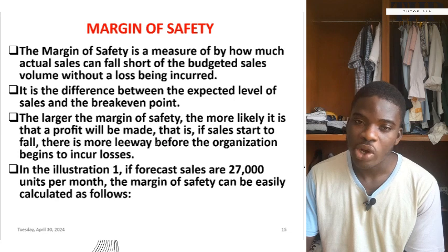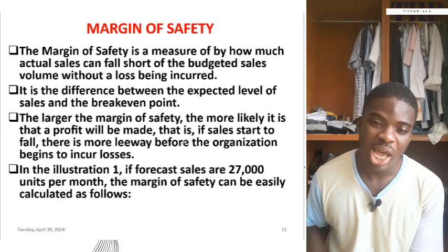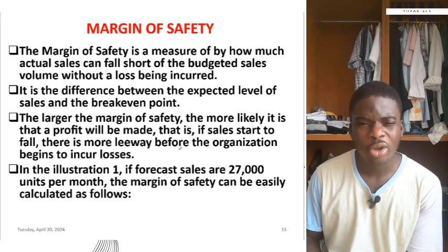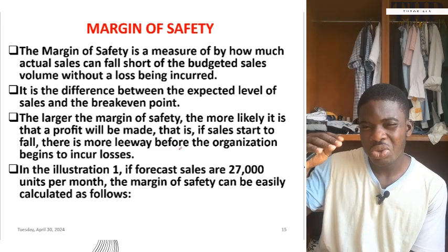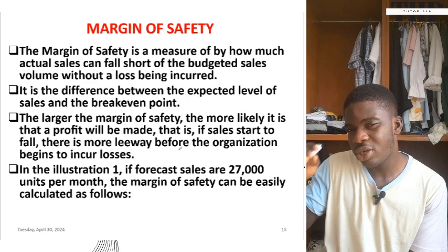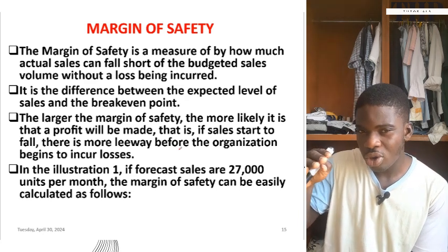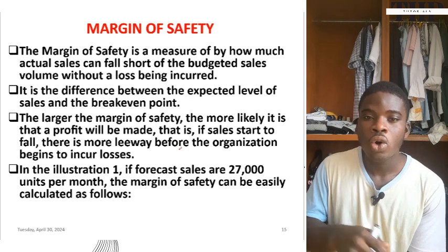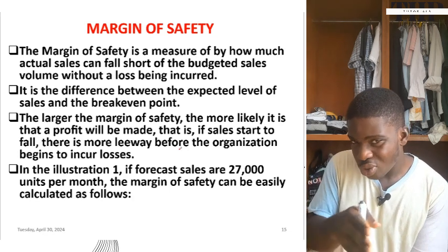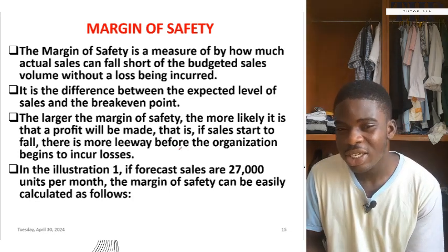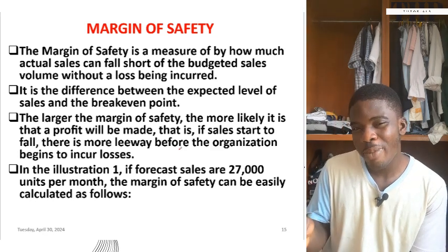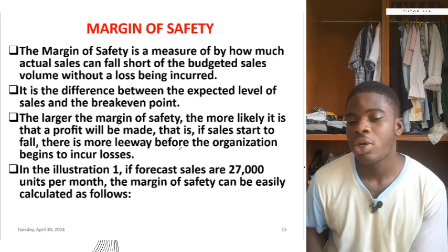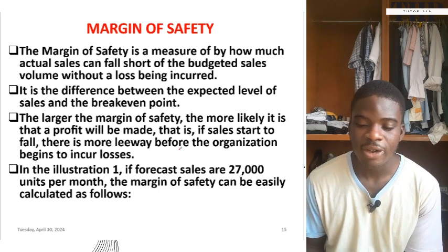So when you use your expected sales, which is way higher than your break-even point, you know that even if you get to maybe 1,300 instead of the 1,600, your break-even point is 1,000. So within that 300 units, you are still making your profit, right? Exactly. And you need to fall back 300 units before you start actually making a loss. So the margin of safety is very, very relevant.